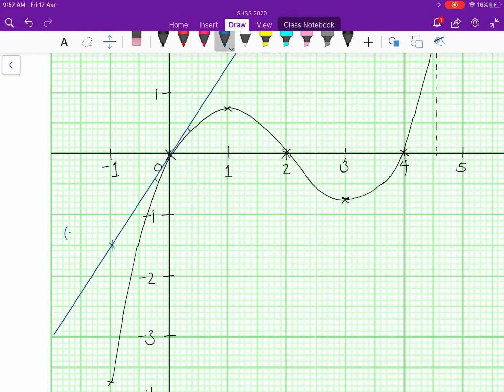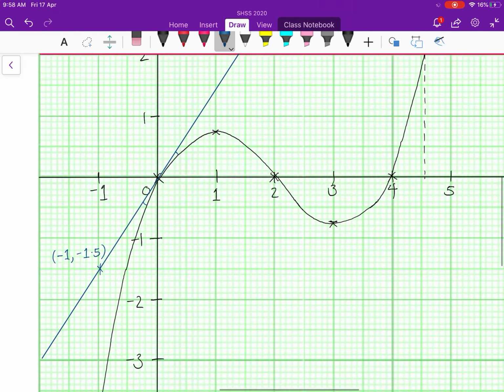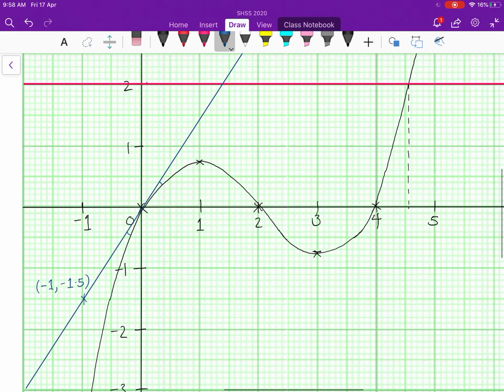This point coordinates is -1, -1.5. And another point would be at 0, 0 itself. It would be good.